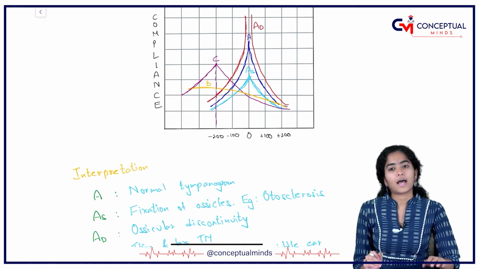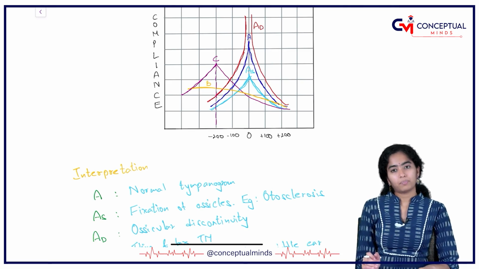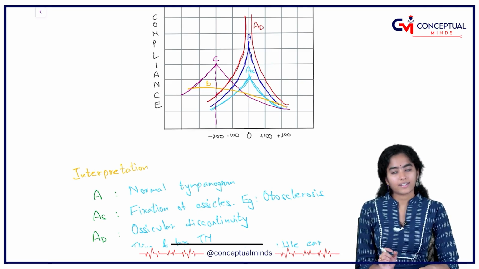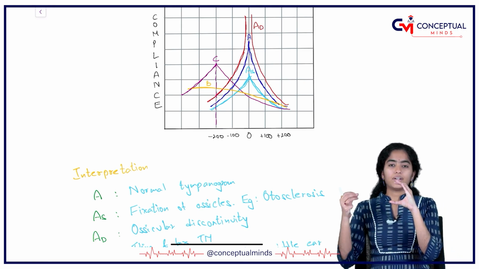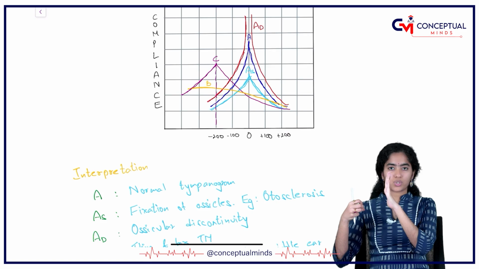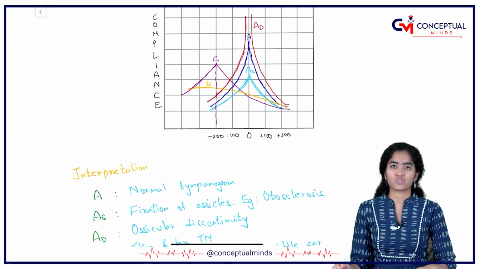When does this happen? It is seen when the tympanic membrane is retracted and there is some fluid in the middle ear. So the tympanic membrane is retracted and when you apply negative pressure, it has come to its normal position and then it shows maximum compliance at negative pressure.